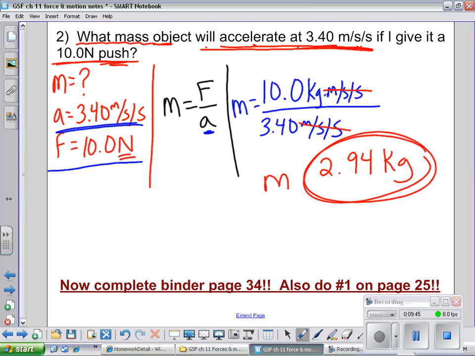And just ask yourself, do kilograms make sense for mass? Yeah, they totally do. So again, I listed my knowns and unknowns, I wrote my formula, I plugged in numbers and units, I got the right answer, right sig figs, right final units.